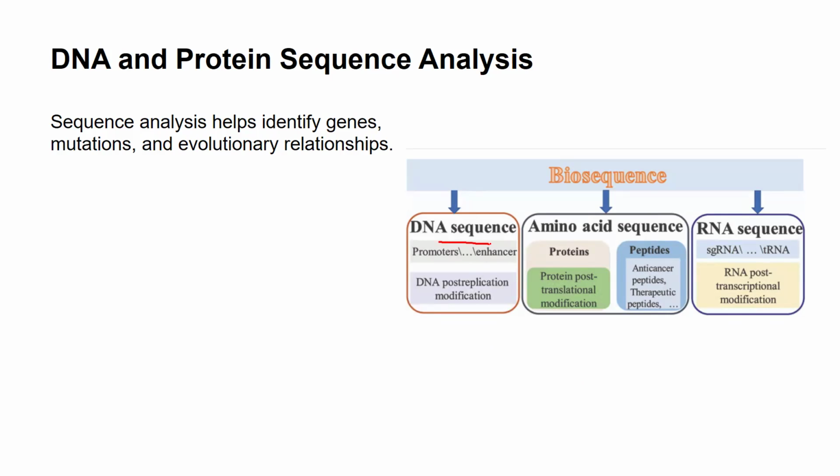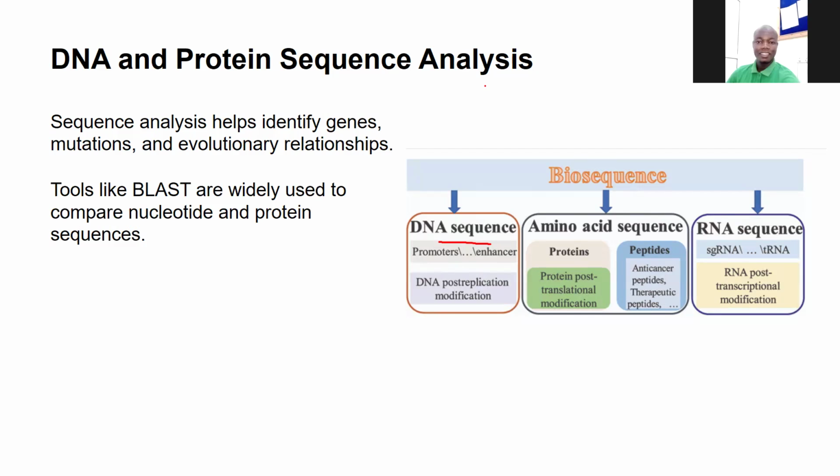From this sequencing, you can get the DNA sequence of a particular gene from one organism, and you can also get it from another organism, and you can run sequence analysis to see if there is any evolutionary relationship or mutations across the organisms. This is one of the important things in sequence analysis, and we are going to do videos on how to do sequence analysis for the protein, RNA, and the DNA.